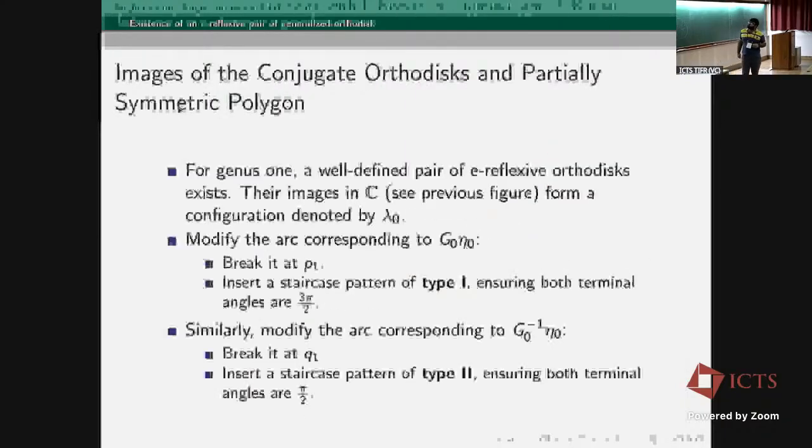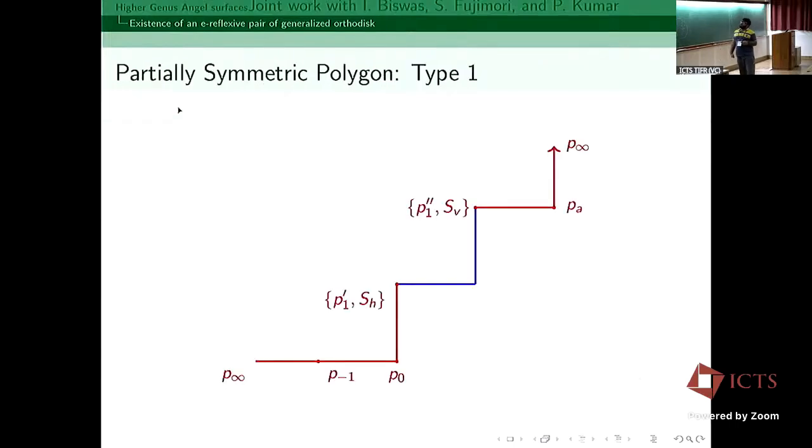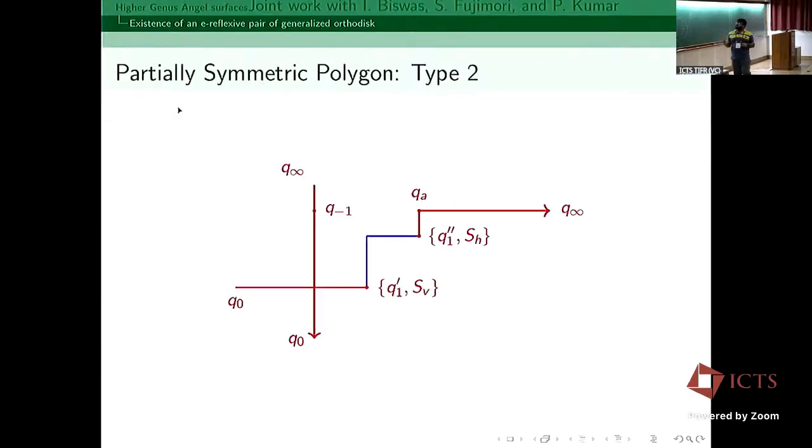So we break it at P1 and insert a staircase of type 1, and here at Q1 we insert a staircase of type 2. We get these pictures, and fortunately, our chosen orthodisk for higher genus actually maps onto these polygons in C.